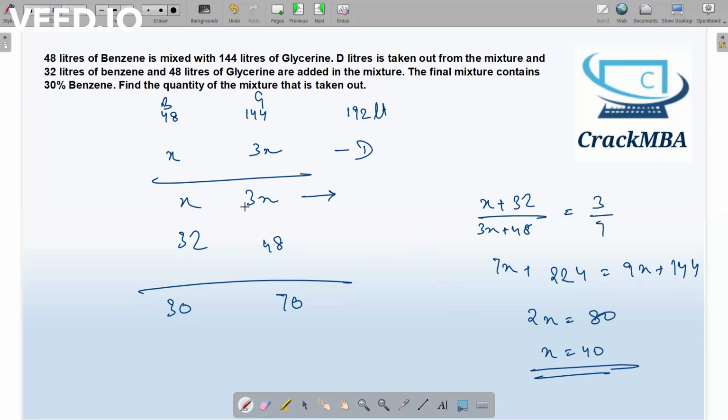The mixture after removal is x plus 3x, that is 4x, and with x equal to 40, 4 into 40 is 160. So after removing D liters, I'm getting 160. So 192 minus 160, that is 32 liters, is the answer of this question. From here also you can get the answer. This is another way of solving this question.